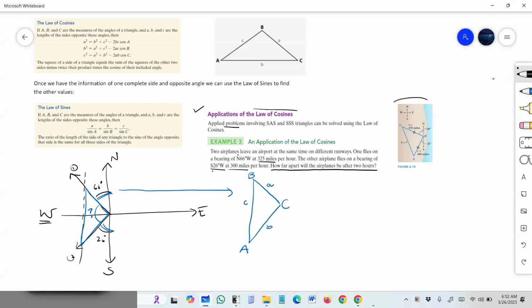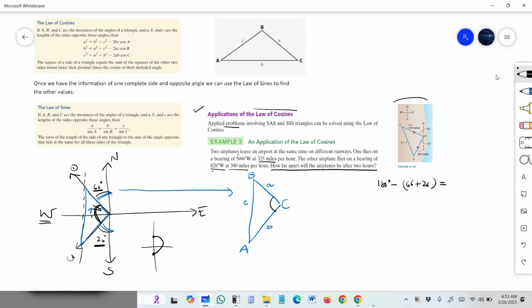Well, we know that if I have a line, the angle from here to here is 180 degrees, of which I've already used 66 plus 26. So that angle here is 180 degrees minus 66 plus 26.